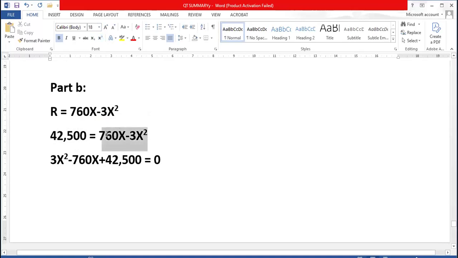So I'm taking all of this to the left side. It means that the sign will change. So solve this using the quadratic equation.